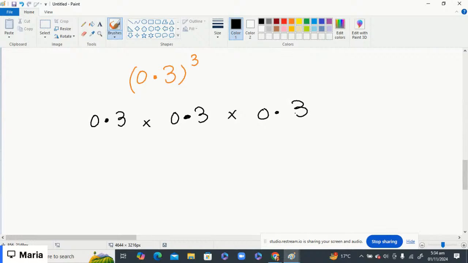Someone tells me it's 0.9. So everyone check it out. Is it right? You also check one more time. It's not adding, it's a multiplication. Check it out one more time. It's not 0.9.